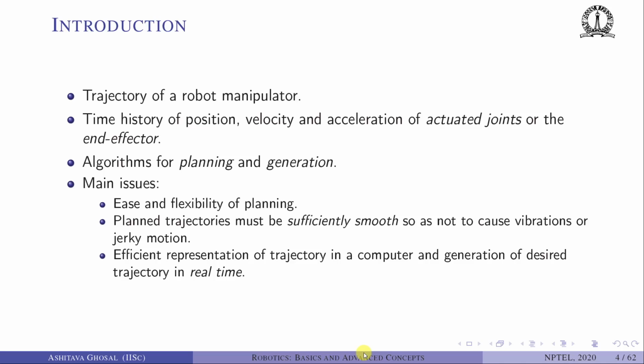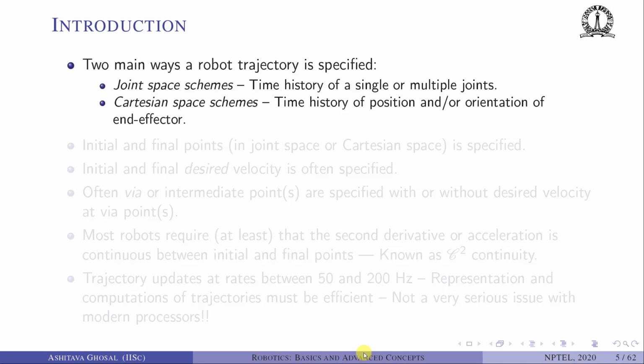Vibration or jerky motion in a robot manipulator will decrease the life of the manipulator. We should also efficiently represent the trajectory in a computer and generate this desired trajectory in real time when required. We will look at what is meant by real time a little later.